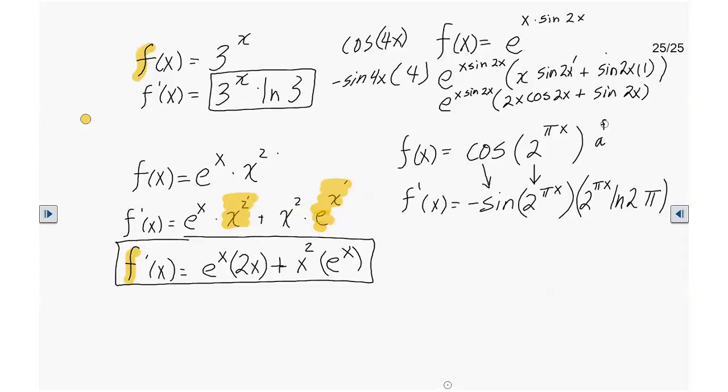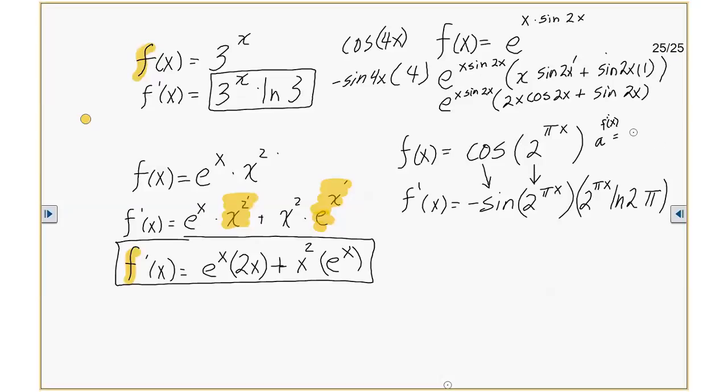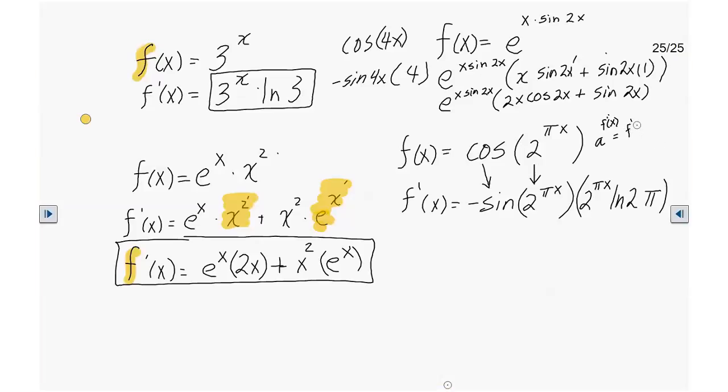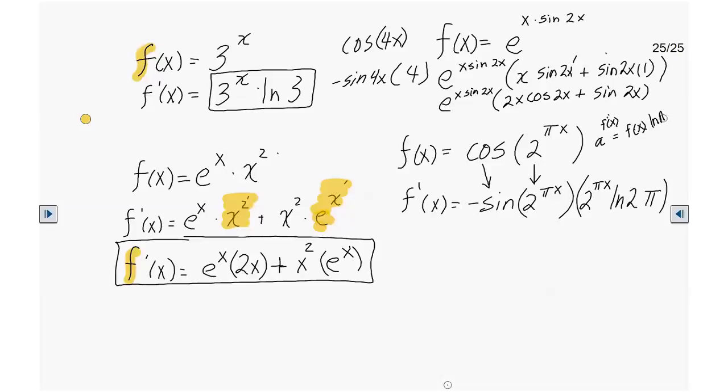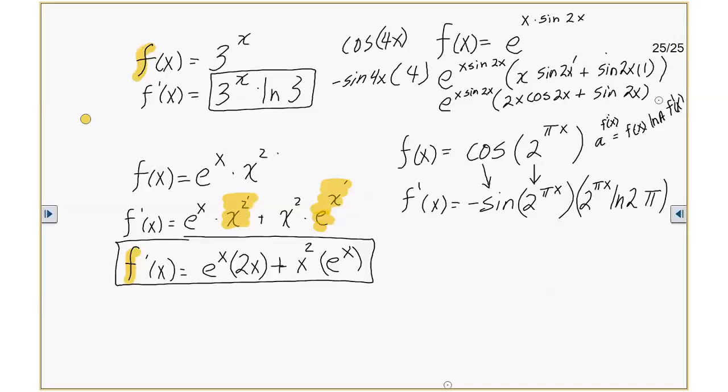A to the function is equal to the function f of x, not f times x, times the natural log of a times f prime of x. Everybody with me? So what's f of x? Well, 2 pi x, right? That's f of x. And then what's the natural log of a? What's my base? 2. And then f prime of x.